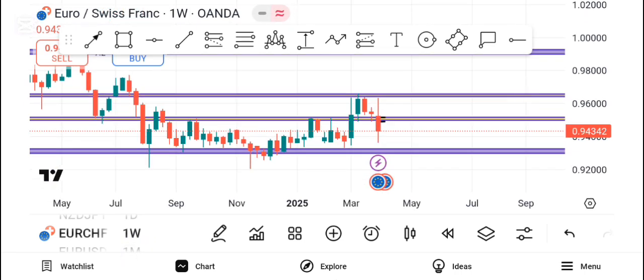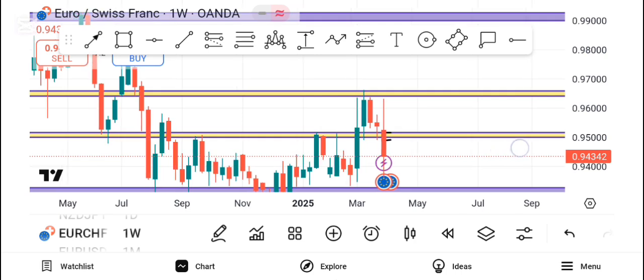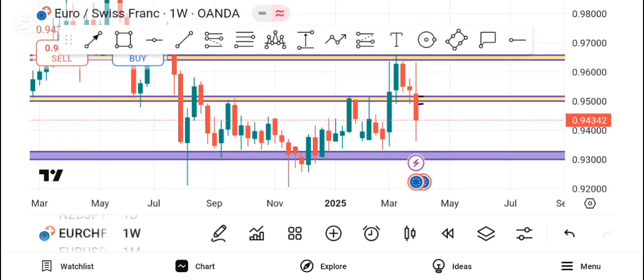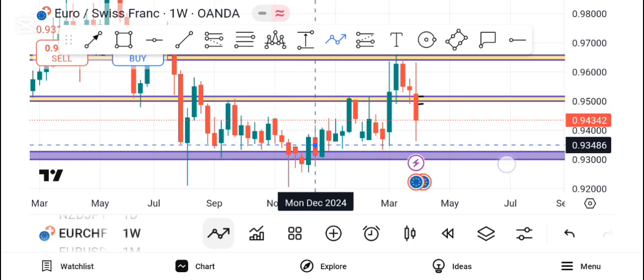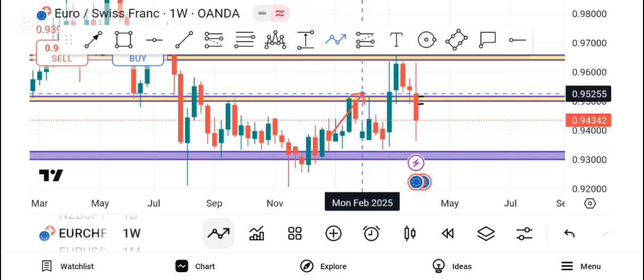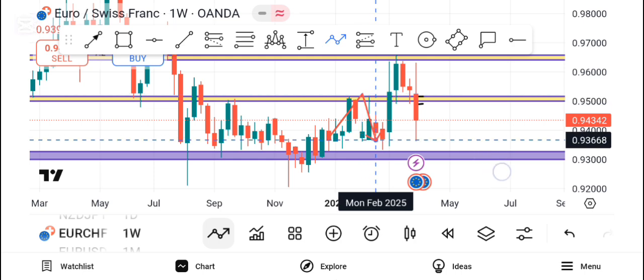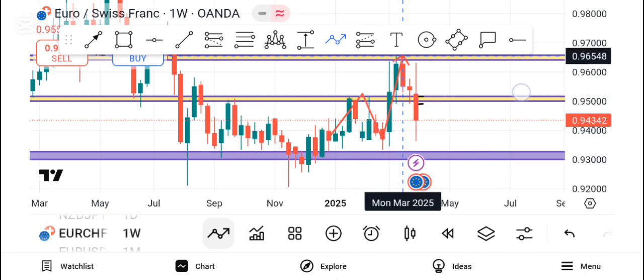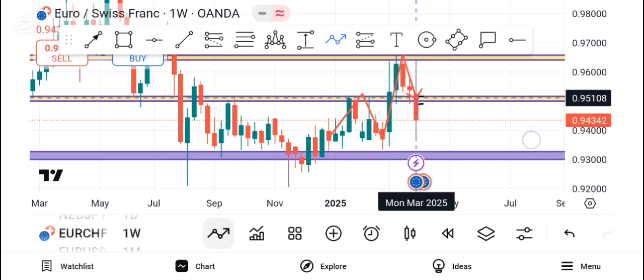On the weekly, what do we see? As you can see, price was in an uptrend. Let's see, higher high, higher low, higher high. It was supposed to have a higher low here to move to the upside, but what happened?